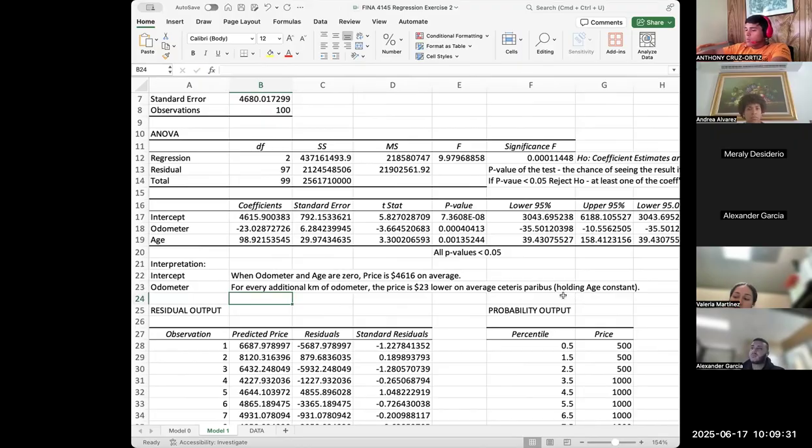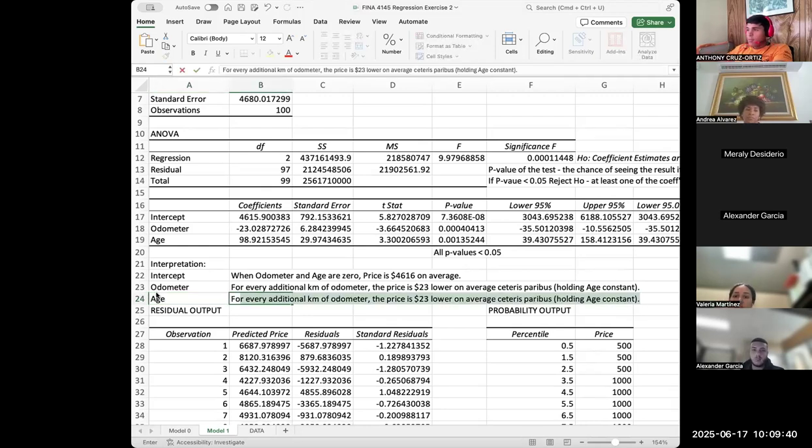And age. For every additional year, I don't know how to say this, year of the car, the price is, so it looks like there's a positive relationship between age and price, but that's not even true, right?